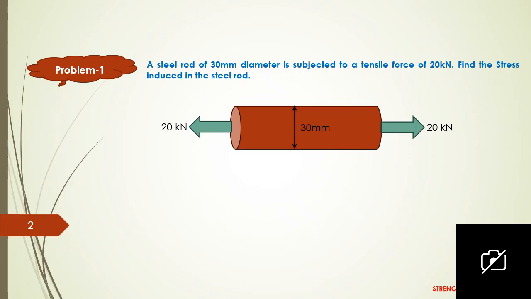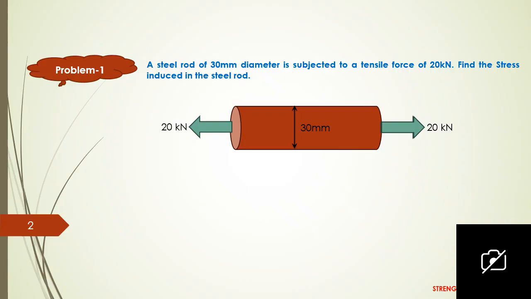As already discussed in the topic stress, stress is defined as the force of resistance offered by the body against deformation. That is force of resistance per unit area offered by the body against deformation. That is, stress equals load by area.